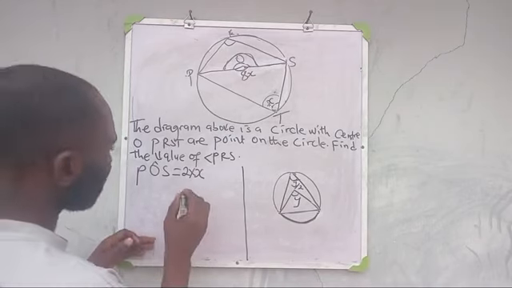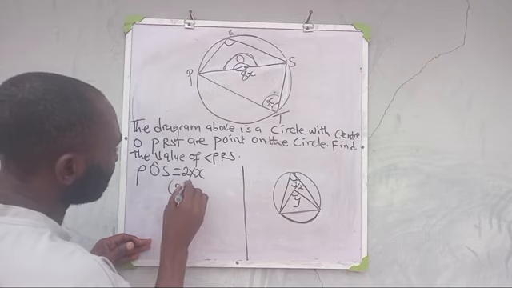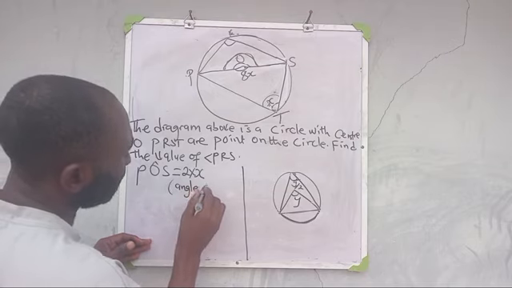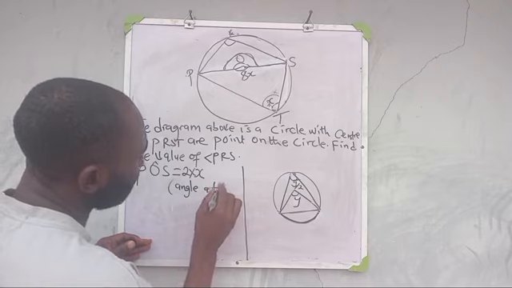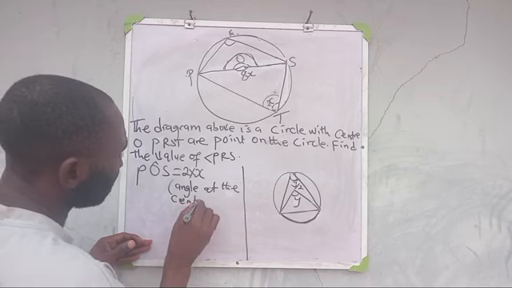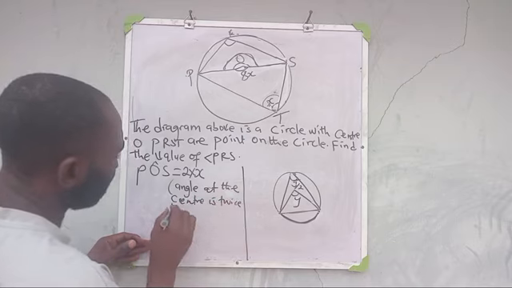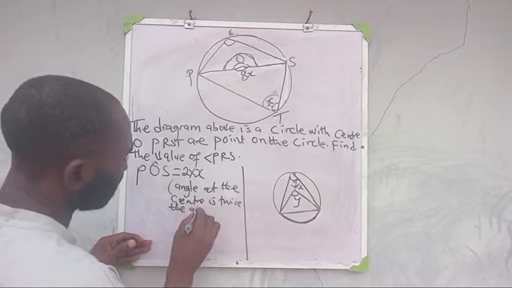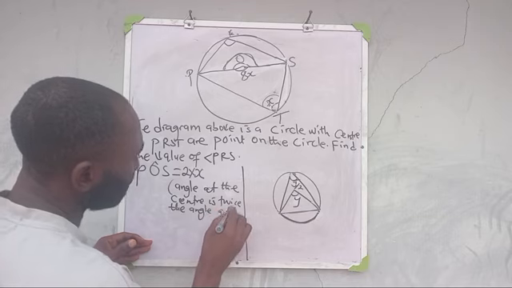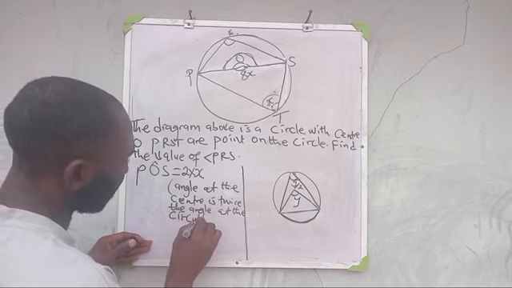The reason is: the angle at the center is twice the angle at the circumference.